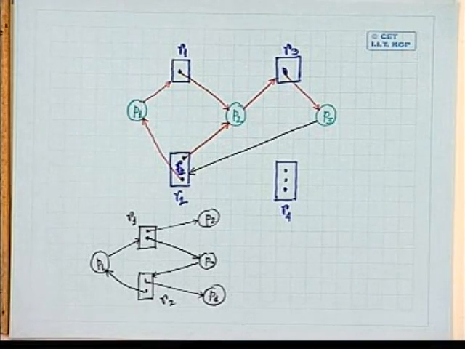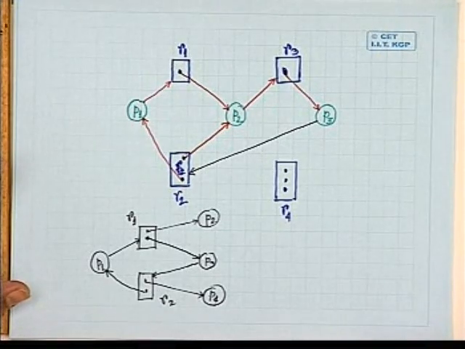Okay, so what we are saying is the presence of a cycle in a resource allocation graph where every resource type contains multiple instances of the resources simply says that the system may lead to a deadlock, but it does not ensure that there will always be a deadlock.